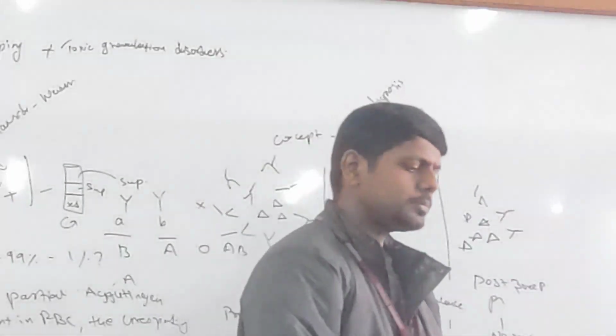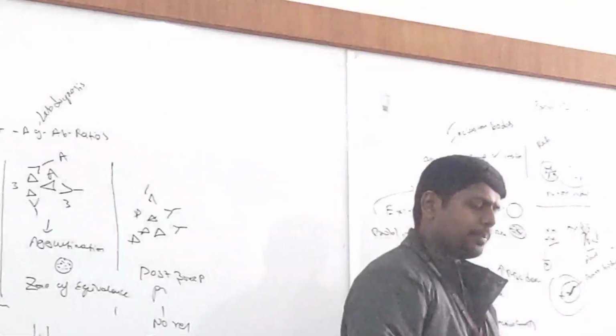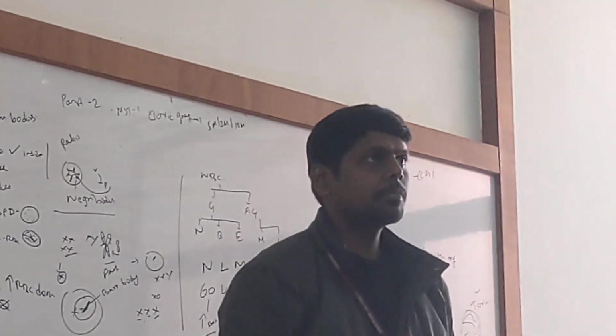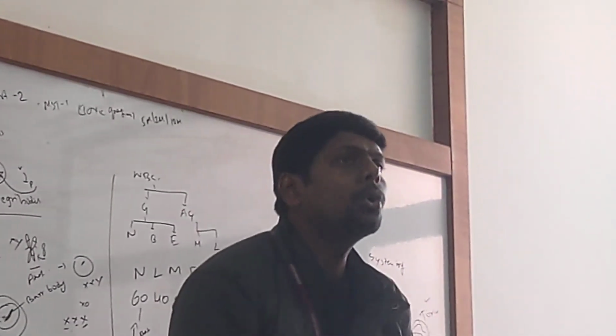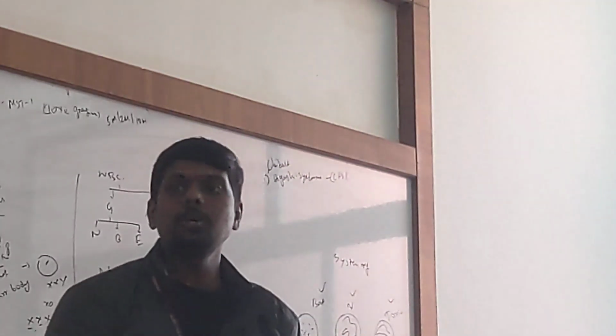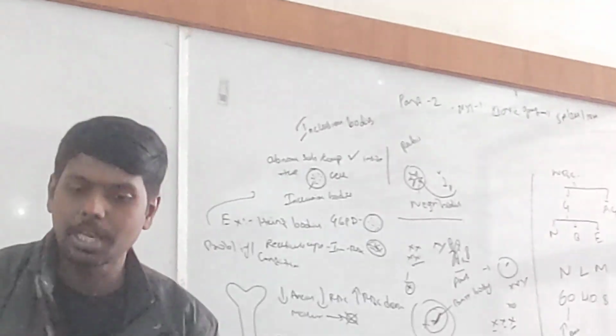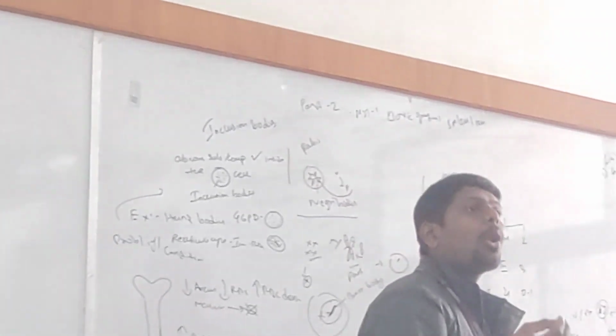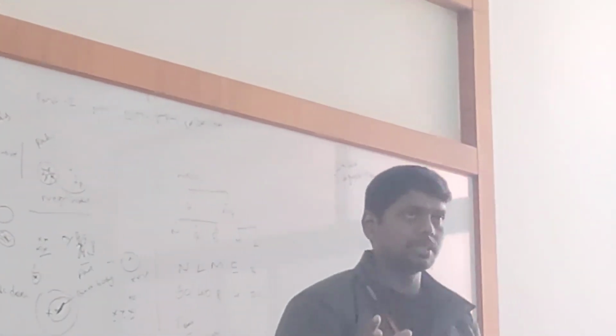Second, partial oculocutaneous albinism. Oculo, eye; cutaneous, skin. Albinism: loss of skin pigmentation.